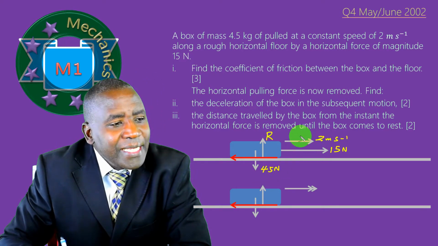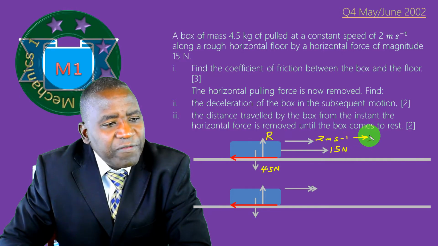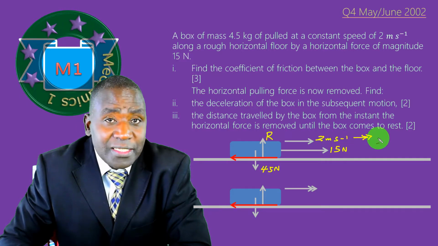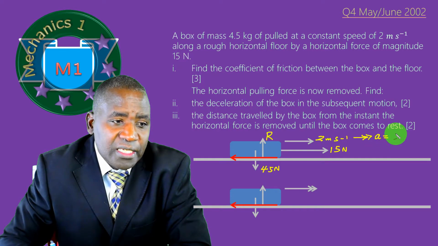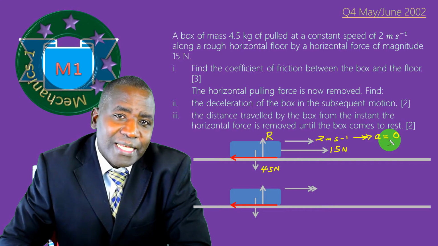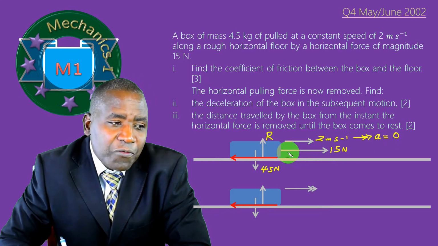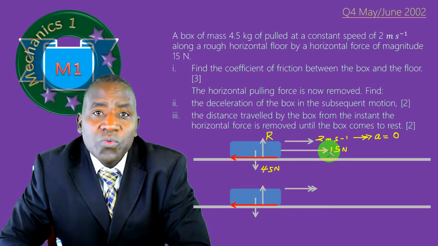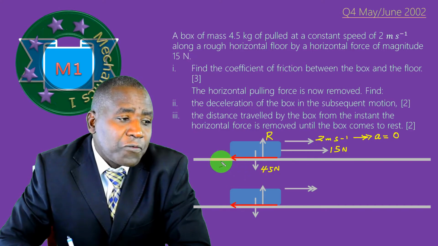Now, because the acceleration over here is 0, by virtue of the fact that the speed is constant and it's moving in a straight line, a is 0, it means that the resultant force is 0, meaning that if we know one of the forces acting in this direction, we should know the force which opposes that, which is the friction force.